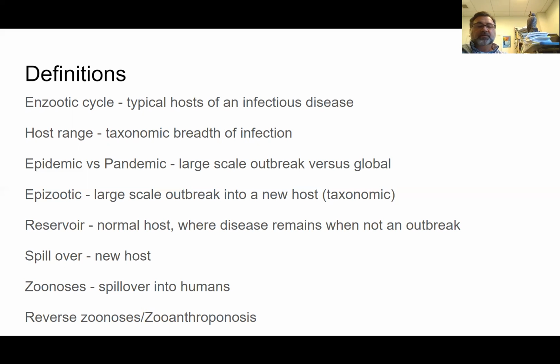So West Nile, of course, is a zoonotic disease that spills over into humans. As far as we know, humans do not maintain West Nile virus, okay, but it spills over into us. Reverse zoonoses or zooanthroponosis is the reverse. So there are a few diseases that jump from people into animals.